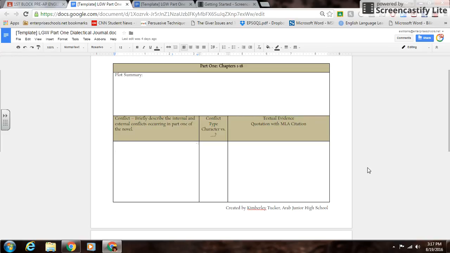I don't think you're going to get that far today. You'll probably get through maybe chapter 11, but read as far as you can and continue working on this particular conflict chart. And I will also have a new steel chart for you to begin filling out on the indirect characterization of Alice.